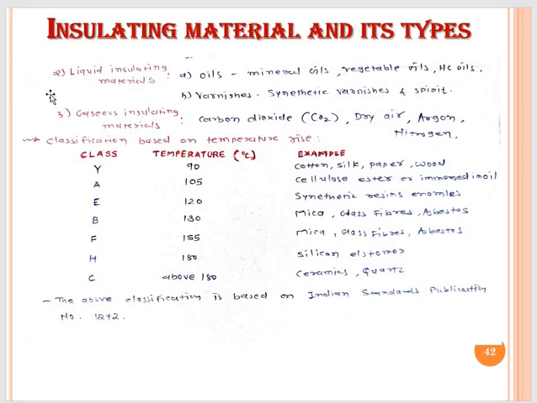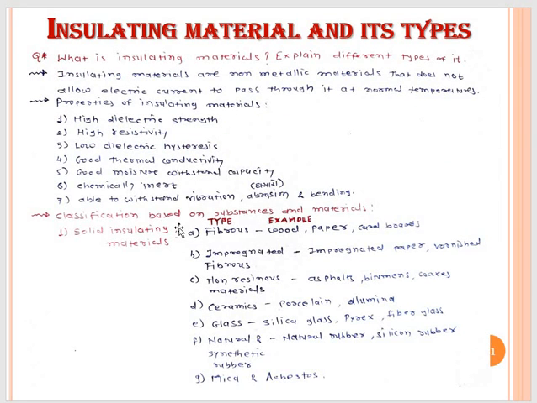Now the third and last one is gaseous insulating materials. In this type, carbon dioxide, dry air, argon, nitrogen, etc. will be covered. So this is the classification based on substances and materials.